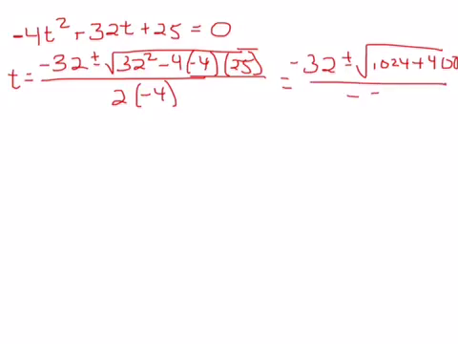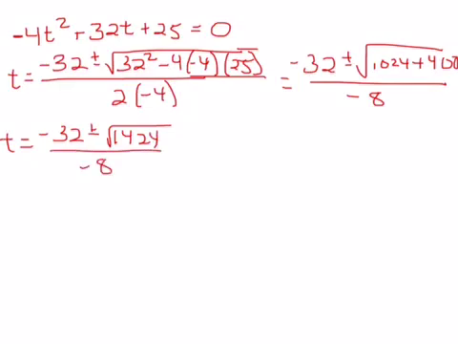All over negative 8. Okay, now let's keep simplifying inside that square root. So we've got t is equal to negative 32 plus or minus the square root of 1424 over negative 8. Okay, so this gives us two answers.